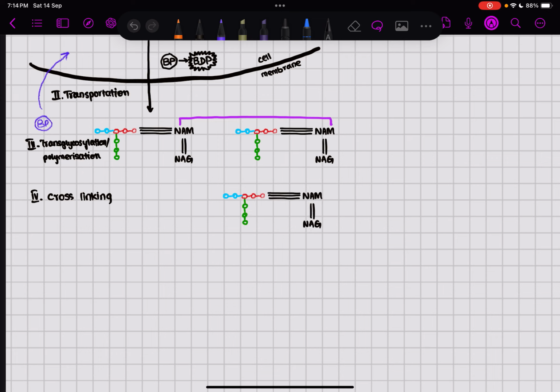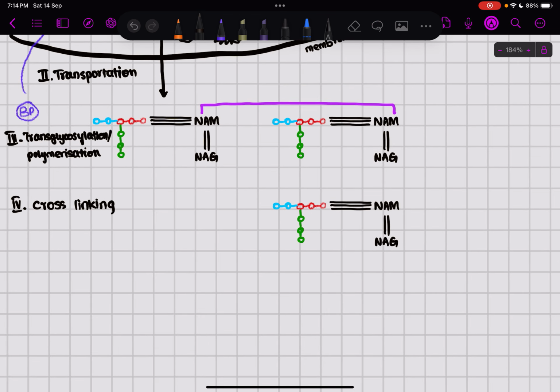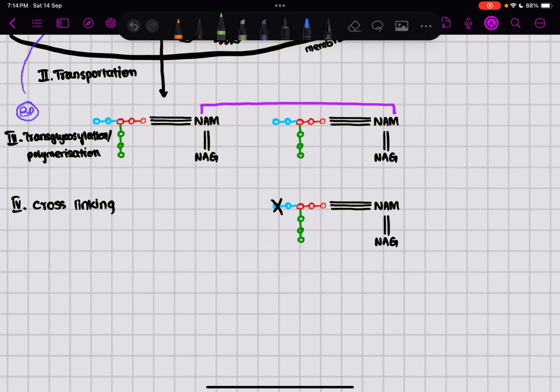Let me write this unit here. Actually it is supposed to look something different, but consider this for now. You are supposed to make this 1 unit disappear off, and then you will be getting the cross linking. Let me give another color for cross linking. Light green will do. This cross linking happens between these two.